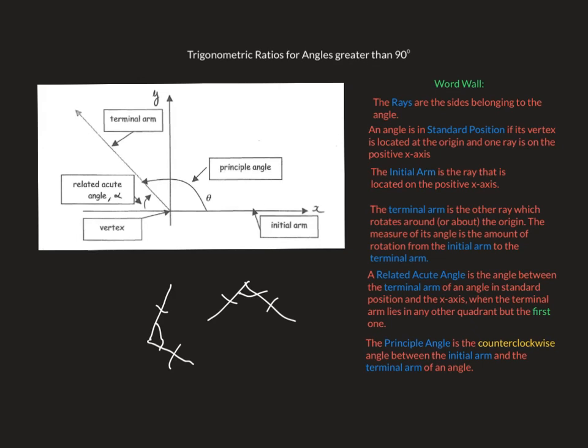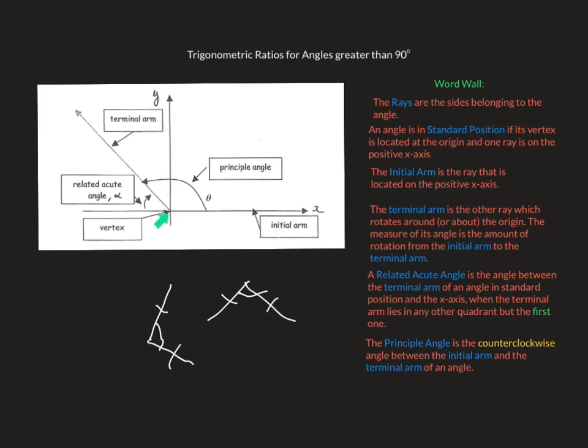Next up, now that you understand what the rays are, you need to look at what standard position is. An angle is in standard position if the vertex is located at the origin. First, what is the vertex? The vertex is the point where they both congregate.